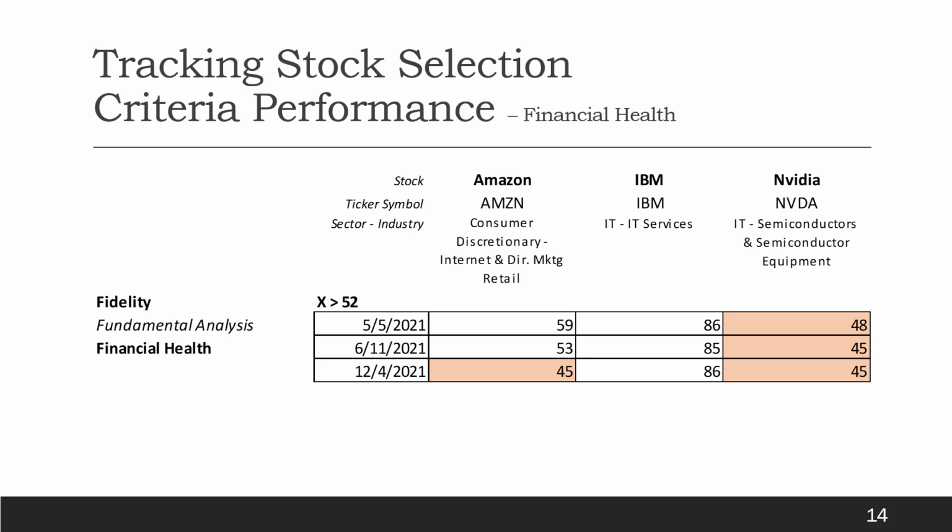Amazon's financial health has fallen under our par of 52 to NVIDIA's level of financial health, 45 for both. IBM's financial health is well above par at 86.